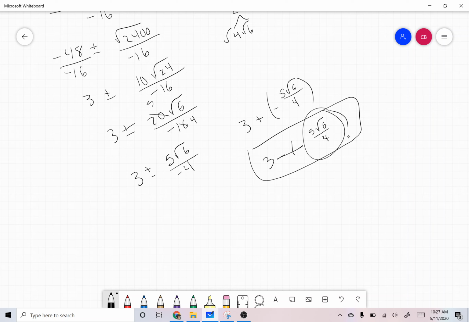I'm guessing this is around 3. So we'll use a calculator. We're going to do 5 times square root of 6 divided by 4. We get 3.06. So 3 plus 3.06 is about 6.06 seconds.